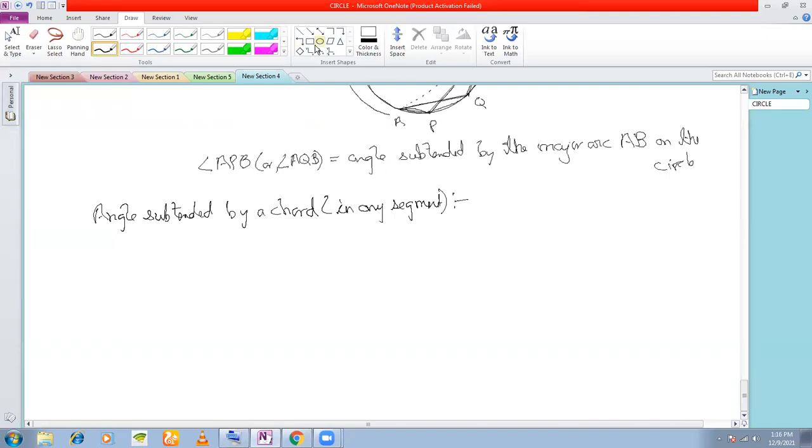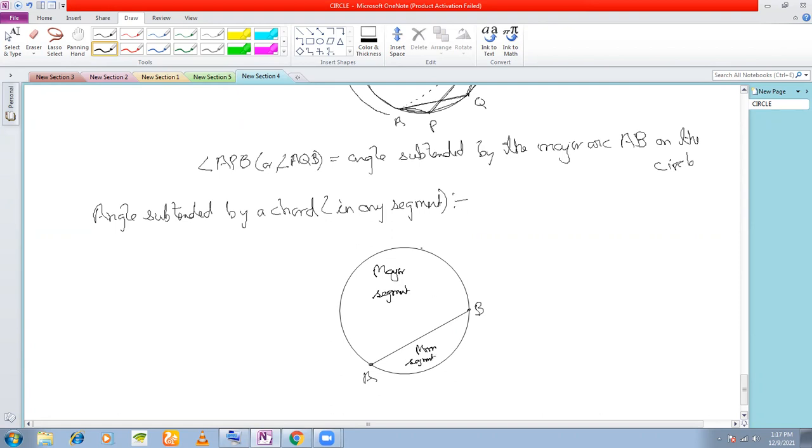Okay, so first of all, if I have a circle with a chord AB, then obviously, as I told you, the chord AB will divide it into 2 segments, right? This is the major segment. And this is the minor segment.